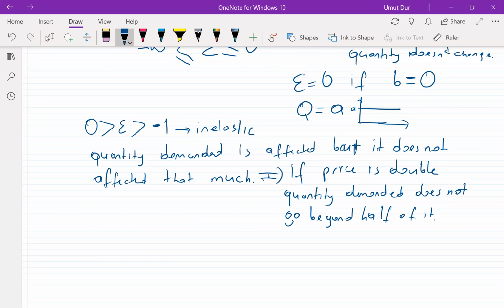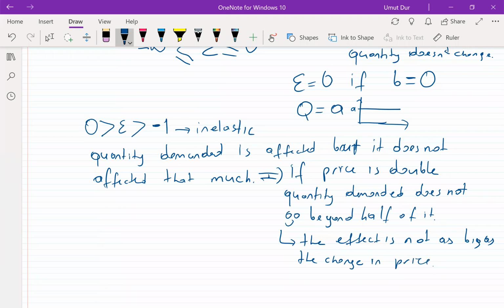Okay, so there is an effect, but the effect is not as big as the change in price. The effect is not as big as the change in price.